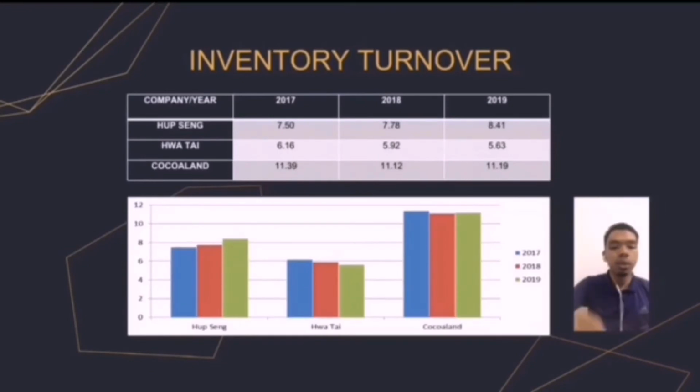But from this graph, Cocoland shows a more stabilized performance than Hapseng, because its number is much greater than Hapseng's.